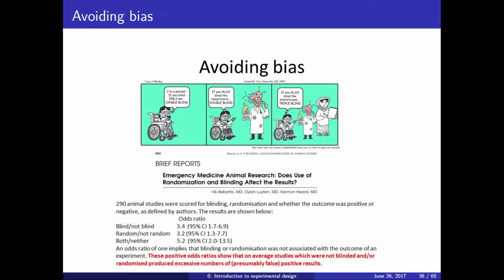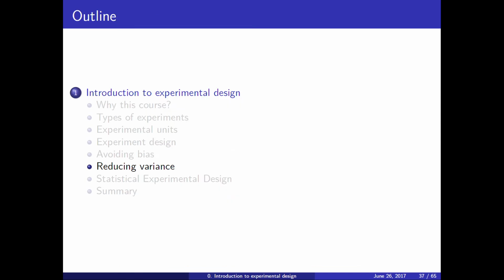If blinding and randomization were not important, then these ratios should be around 1. But you see that they are far away from 1. So if you don't blind, there is 3 times more probability of declaring some results as positive, and the same for randomization. And if you don't do either of the two, it is 5 times more likely. So randomization and blinding are really important.